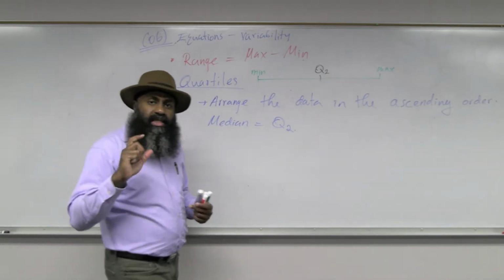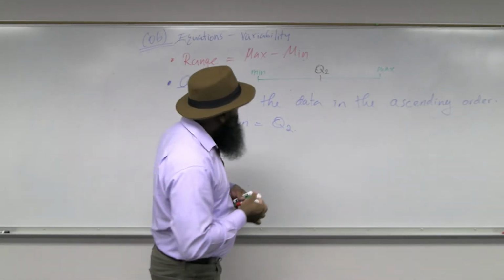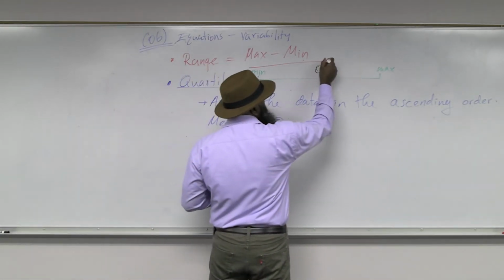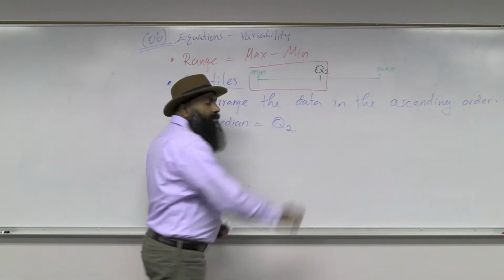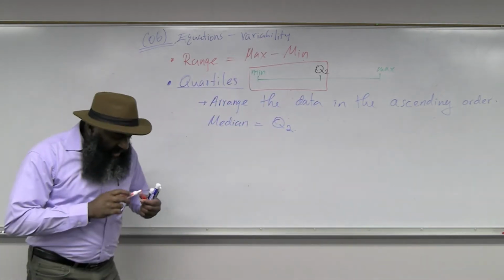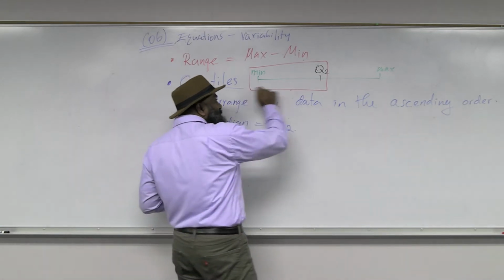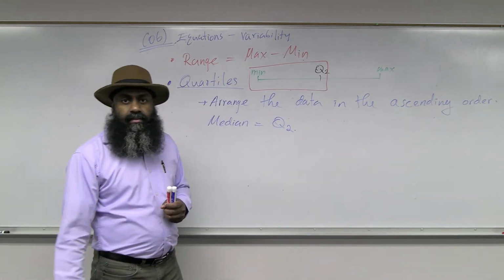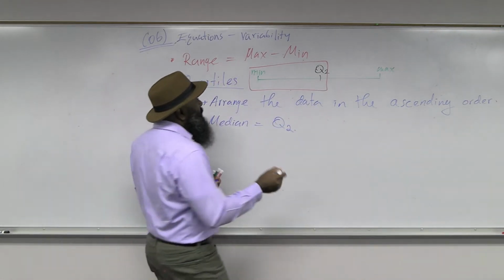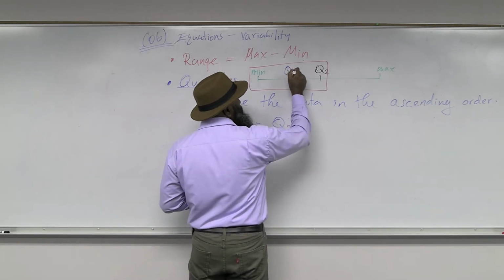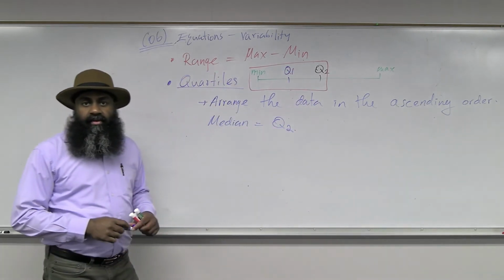Once Q2 is found, we look at the first part of the data set alone and find the median for that part of the data set. That median is called the first quartile, written as Q1.